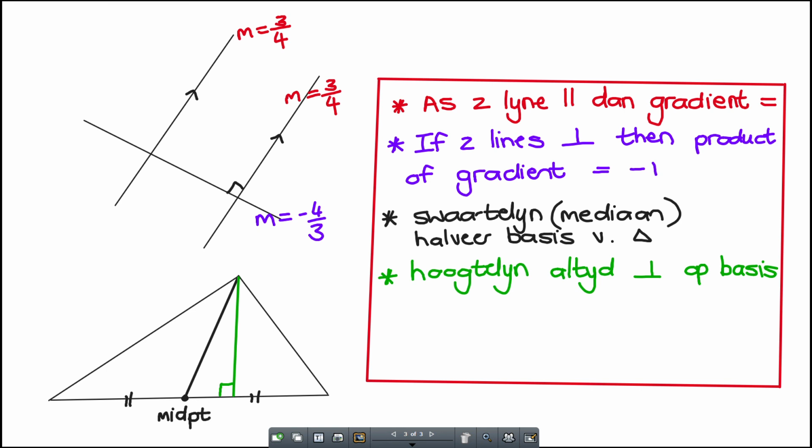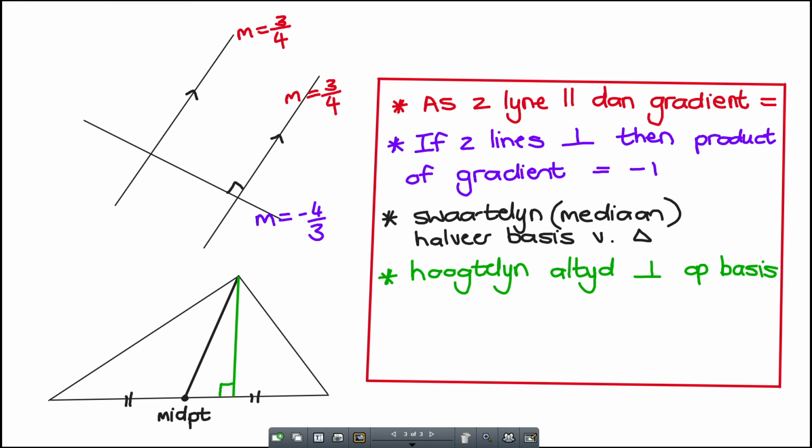Yeah, it is altitude. It says in the English book, the altitude or height of a triangle is a line from any vertex perpendicular to the opposite side. Okay. You guys good?